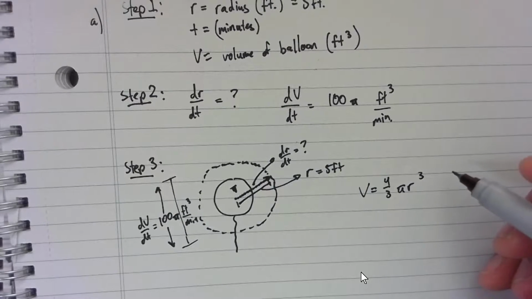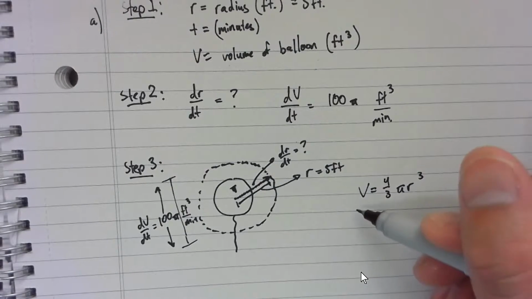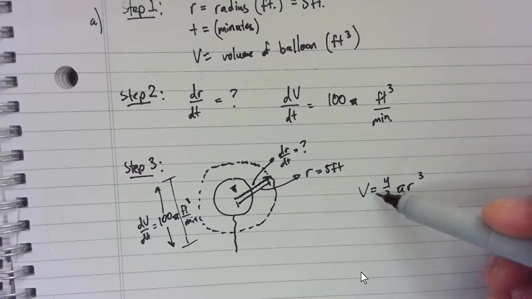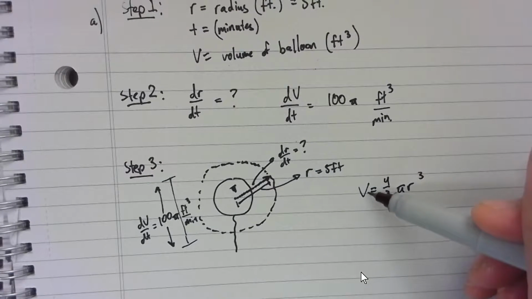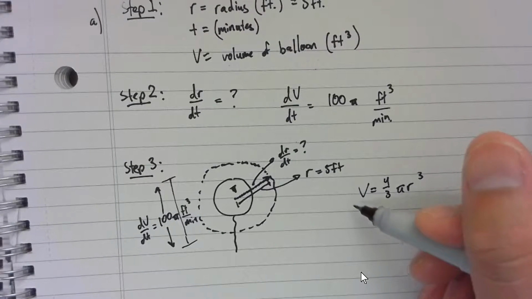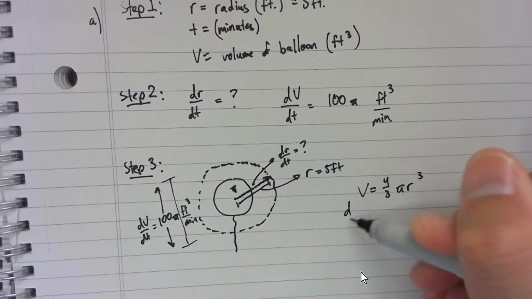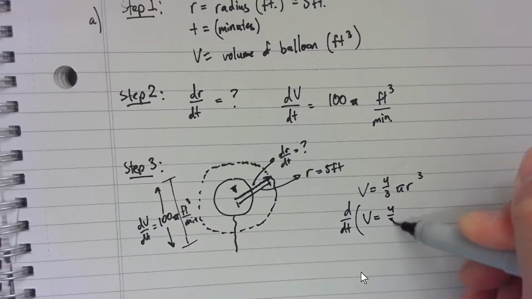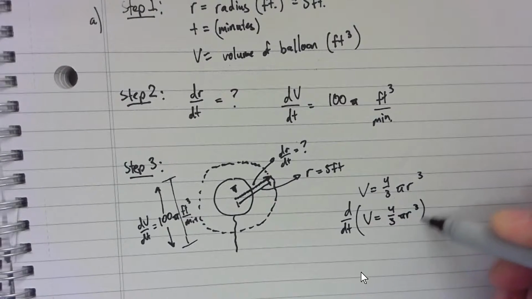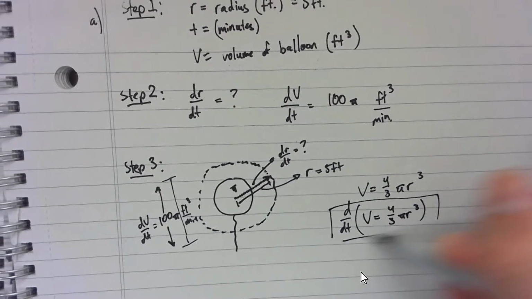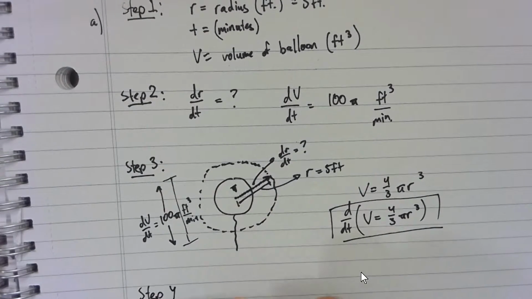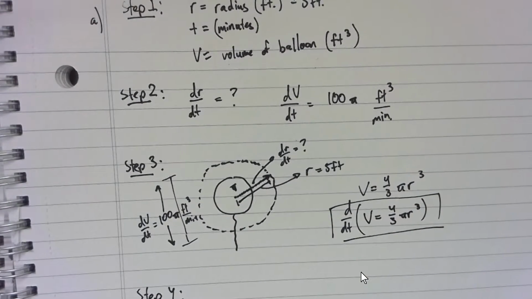And then to link time into this, we're going to take the rate at which all these change with respect to t. So we're going to take the derivative of all of these with respect to the variable t. So that's the equation we want to work with. Step 4 is actually differentiating that.